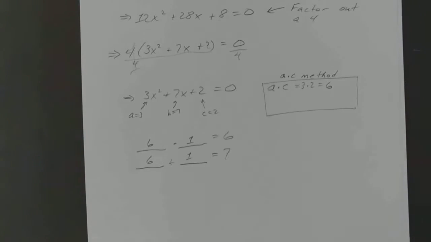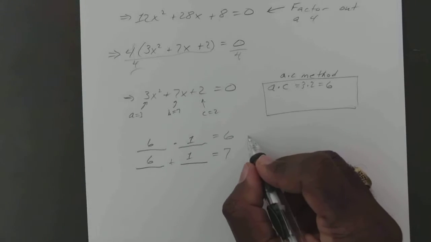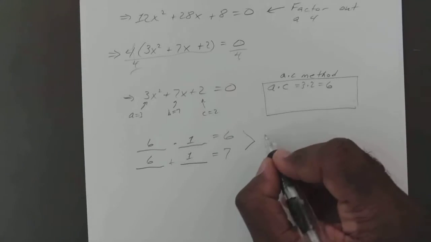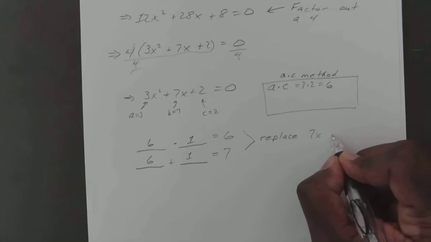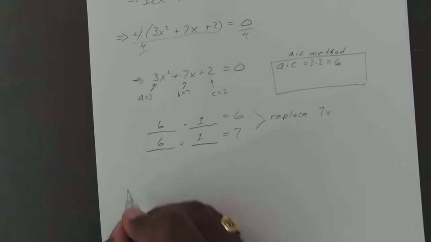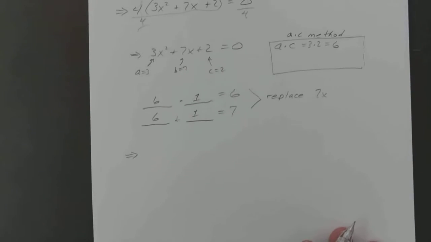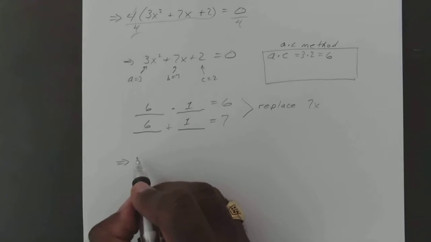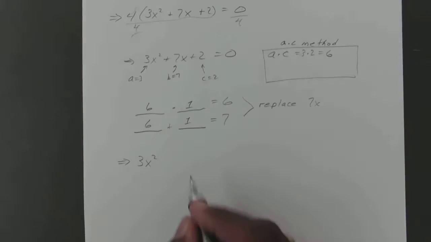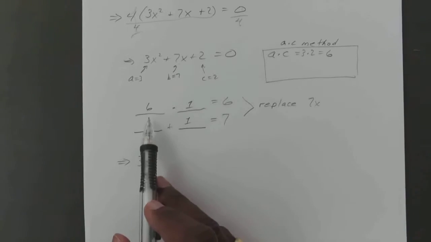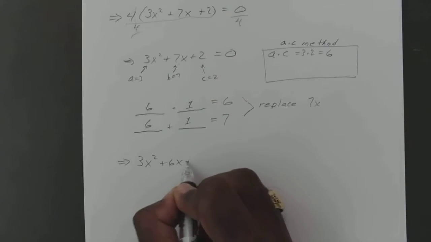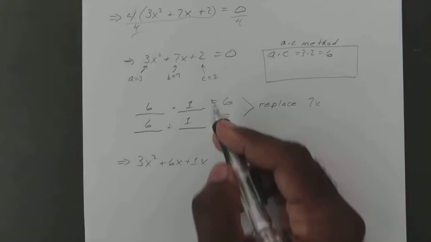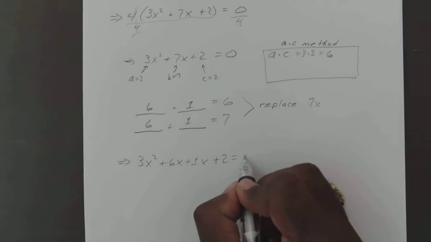Okay. So now, once we find those two values, we're going to replace our b. So that gives us 3x squared. Instead of plus 7x, we're going to have plus 6x plus 1x plus 2 equals 0.